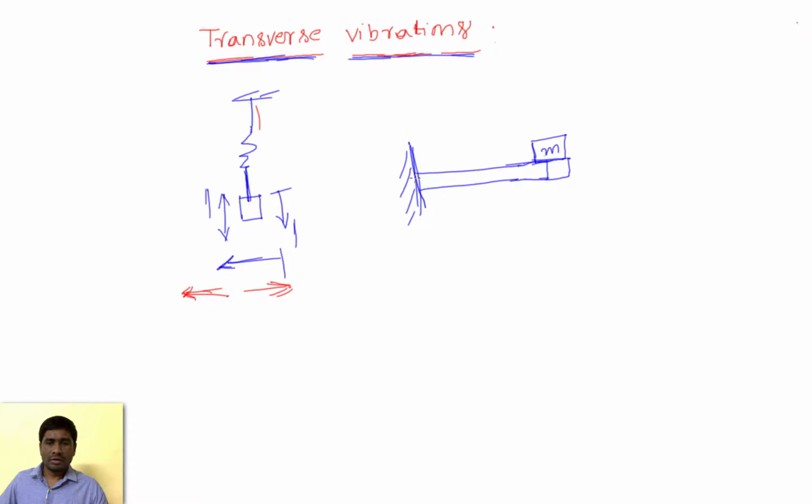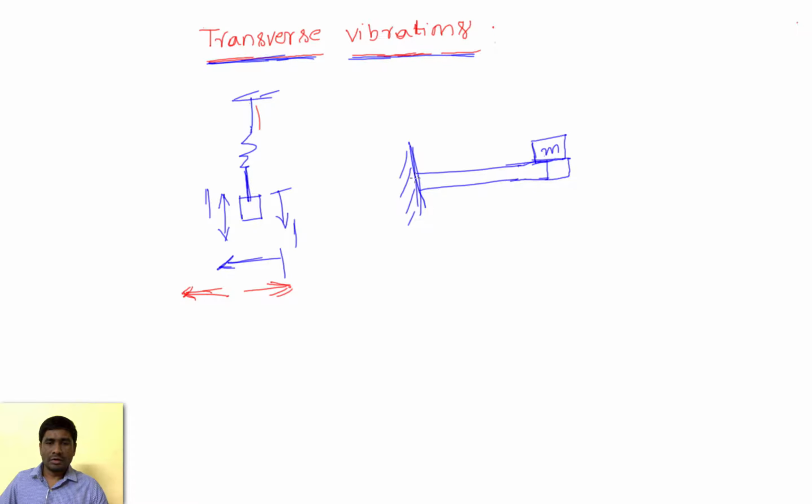If I give some initial movement in the downward direction, then it will vibrate up and down. But this vibration is perpendicular to the length of the cantilever, and if it is along the length of the cantilever, then we will call it longitudinal. But in this case, this is called a transverse vibration.